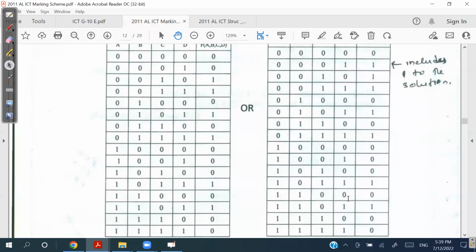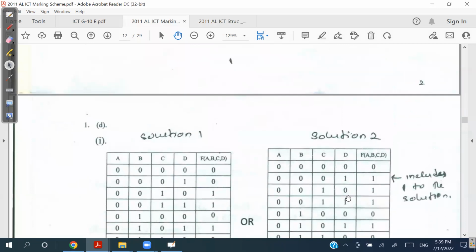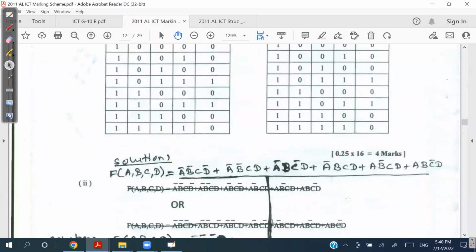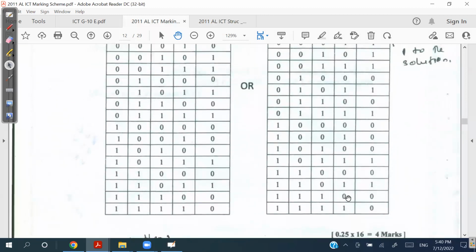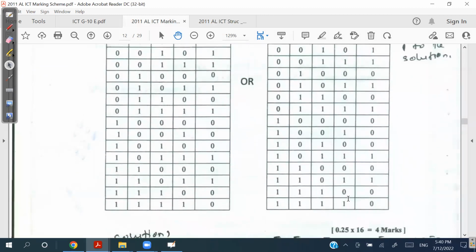The left-hand solution does not include 1 as a prime number. The right-hand solution includes 1 as a prime number. So this is going to be the output. So if you get this correctly, how much have they given? Yeah, they have given 4 marks if the truth table is correct. So 4 marks.